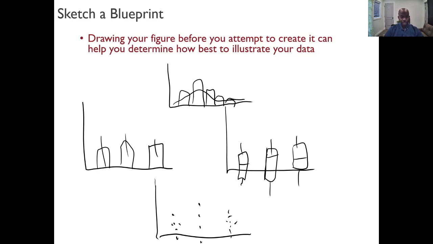We've talked about some of the limitations with that. I may think then, well, maybe I'll just use a box and whisker plot. It's a little bit more transparent, shows information about the distribution of my data. But then maybe I settle on the most transparent illustration, which is a dot plot here at the bottom. Okay? So this is something you can do really quickly, again, without even having any data.